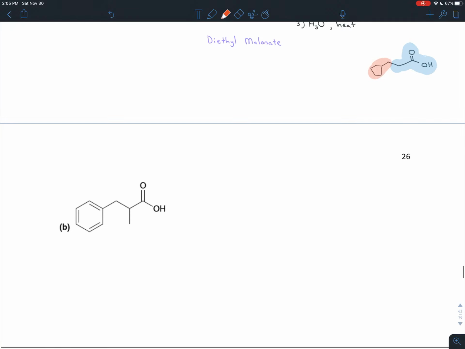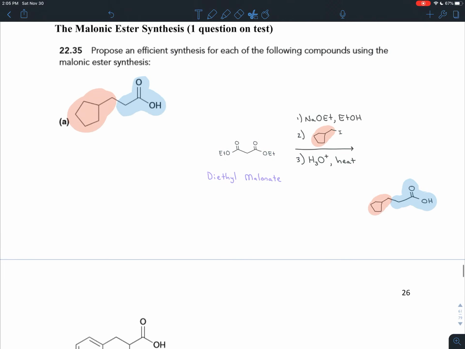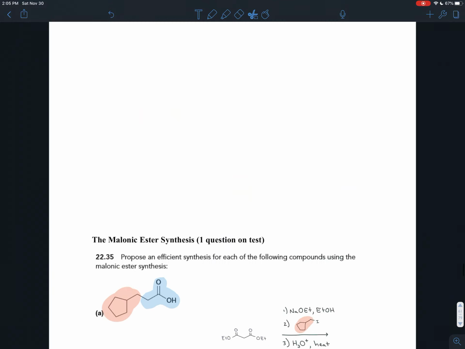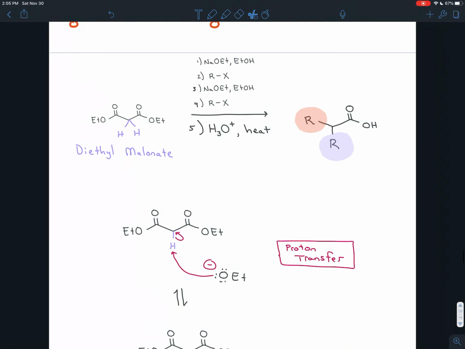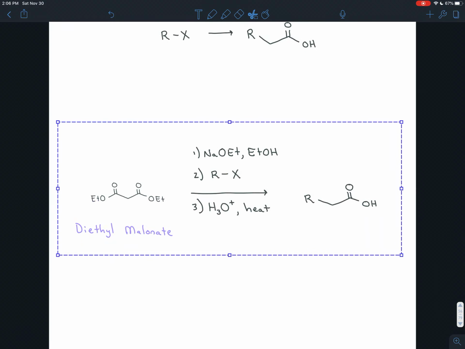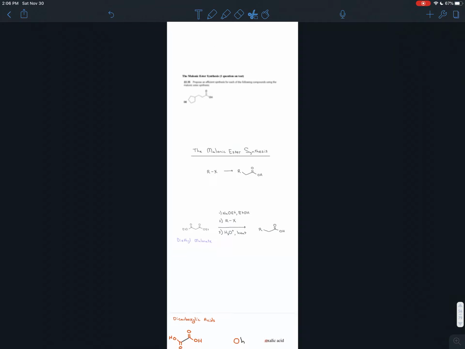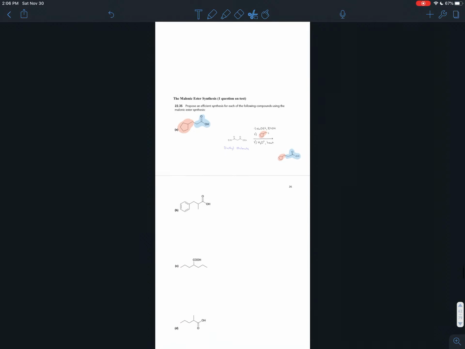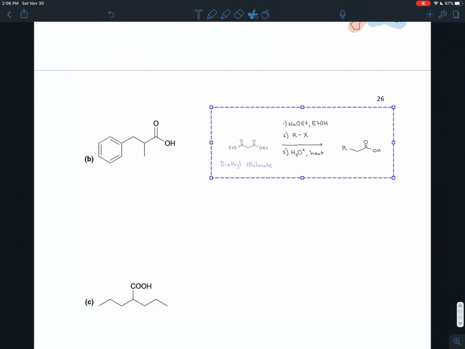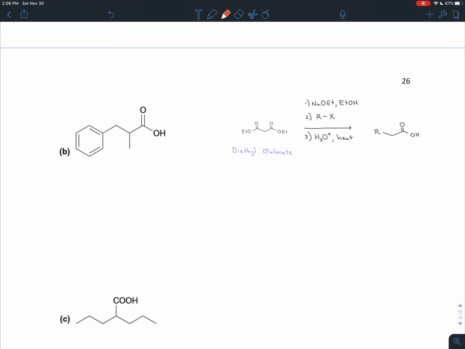Now if we go through the same process of thinking for B, an interesting thing happens. We know in general that you would use this sort of recipe here. And actually, let me go back up to the material from the previous video and get this recipe here. So we know in general, as a rough draft, we have this recipe here. And the thing that we tried to figure out in the last one was what R group we need for our alkyl halide.